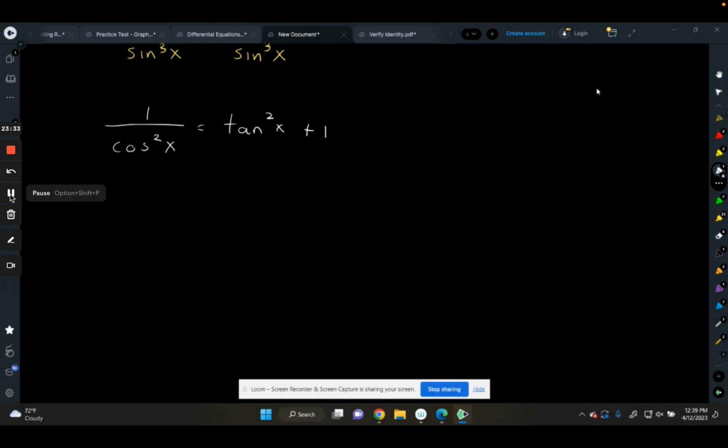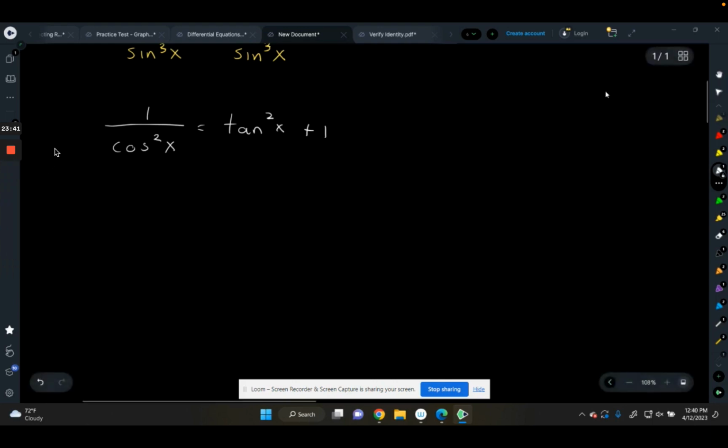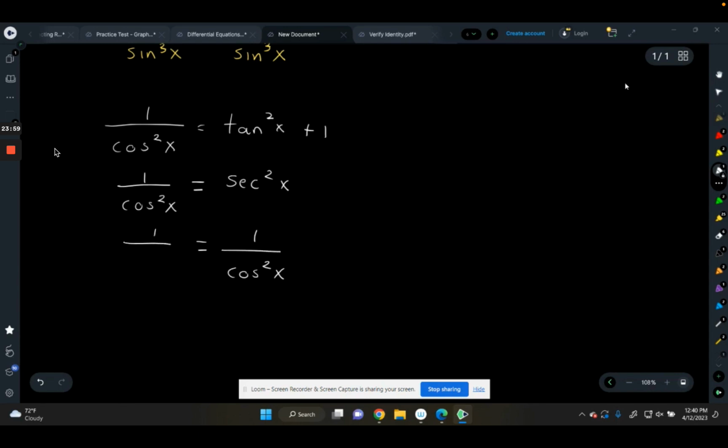Which side are we working with? We could do both, but you could do one also. The right side? What did you do? Yes. Tangent squared x plus 1 is secant squared x. And then secant squared is 1 over cosine squared. Boom, we're done.